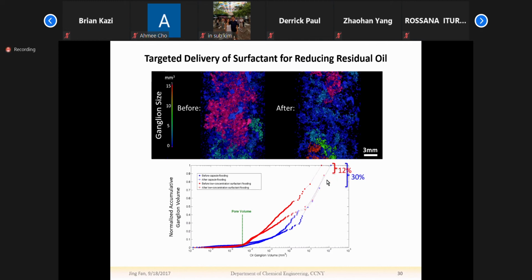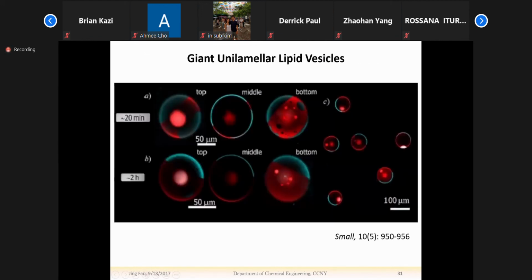But it's clear that by using capsules and delivering surfactant at high concentration to the interface, we can have better oil recovery efficacy. This is a real example.